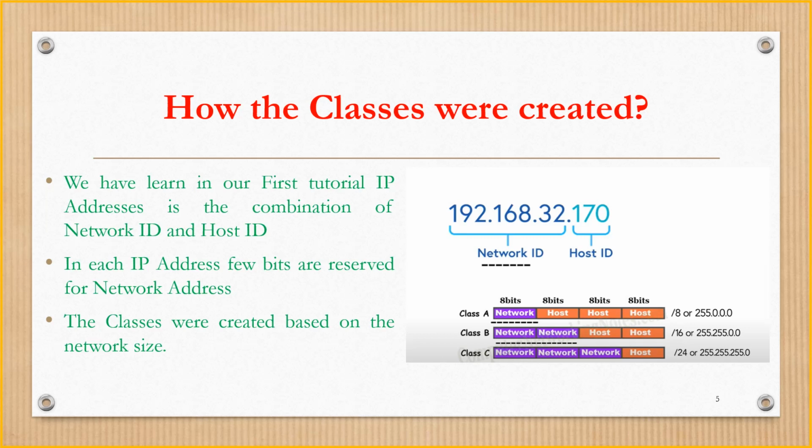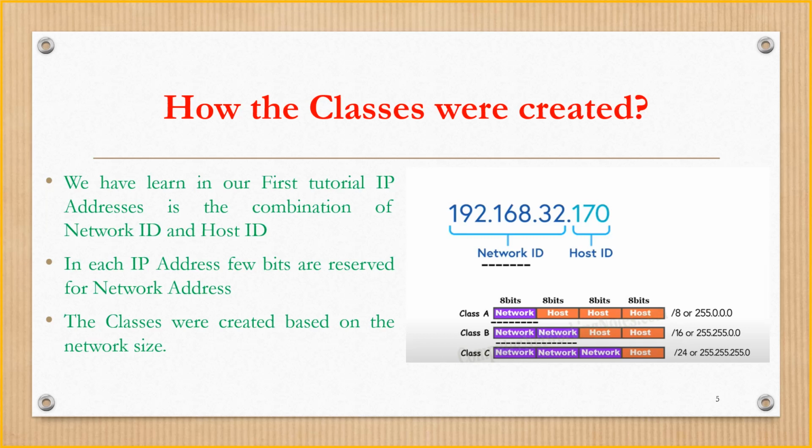In class A, as we can see from the picture, the first 8 bits are reserved for the network address, which gives a subnet mask of /8 or 255.0.0.0. In class B, the first 16 bits are reserved for the network address, which gives a subnet mask of /16 or 255.255.0.0.